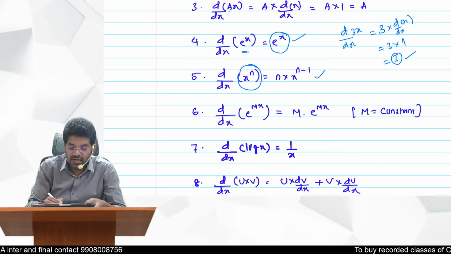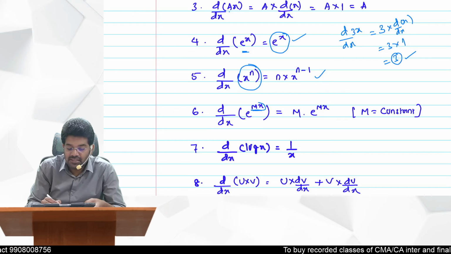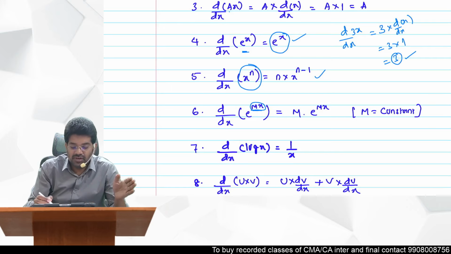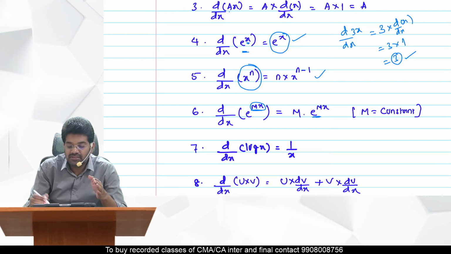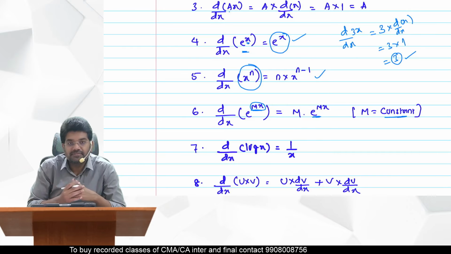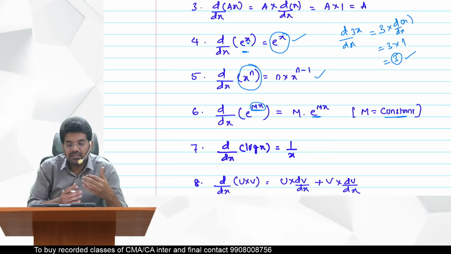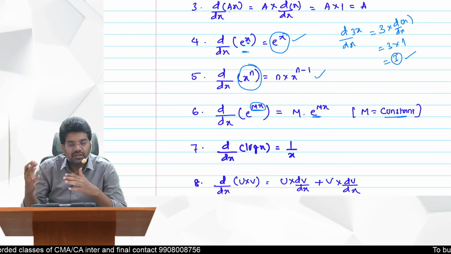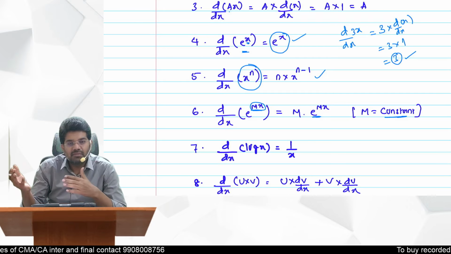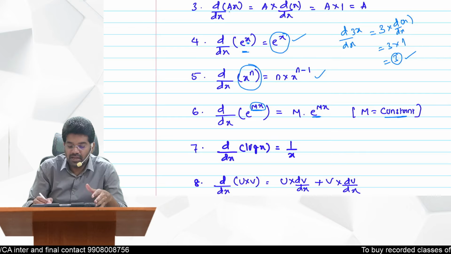Next, d by dx of e power mx. Here m is a constant, so you separate it first, and then e power mx is like e power x only, so take it as it is. So d by dx of e power mx is m into e power mx.